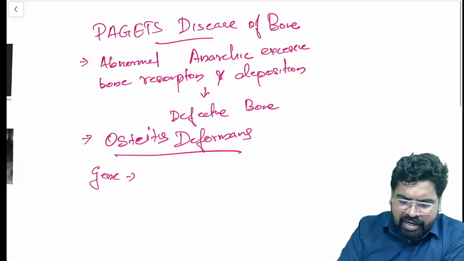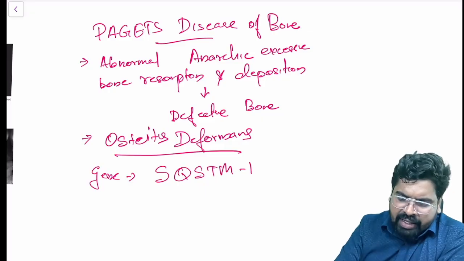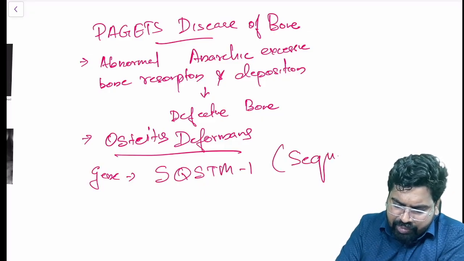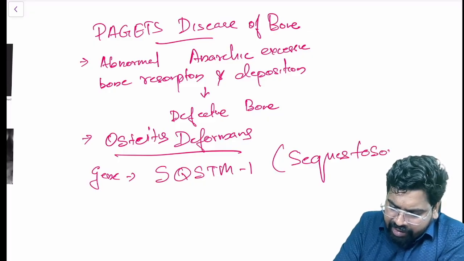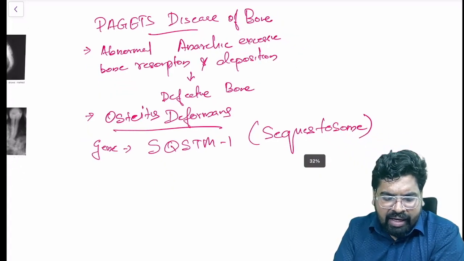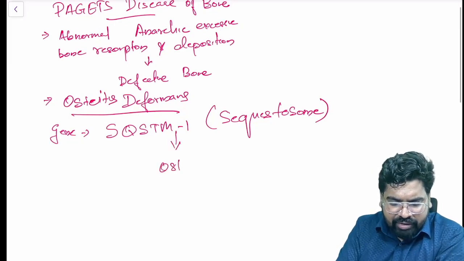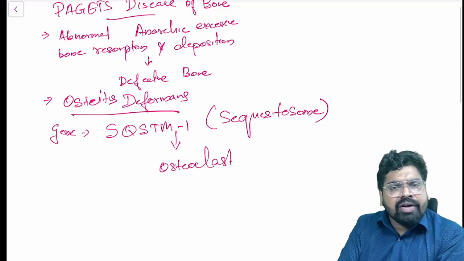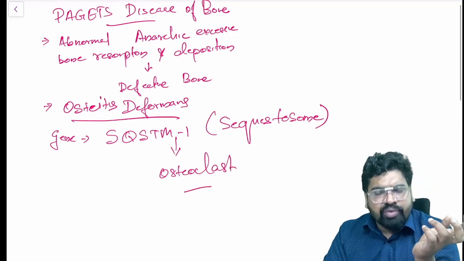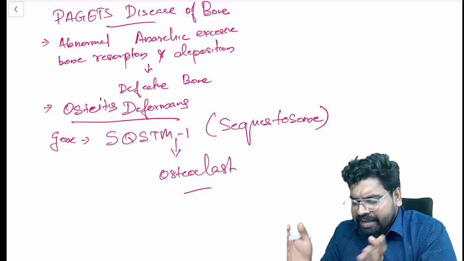That gene is called the SQSTM1 gene, that is sequestosome gene 1. It is supposed to be controlling your osteoclasts. Now this osteoclast is abnormally activated, and they will cause the abnormal resorption.